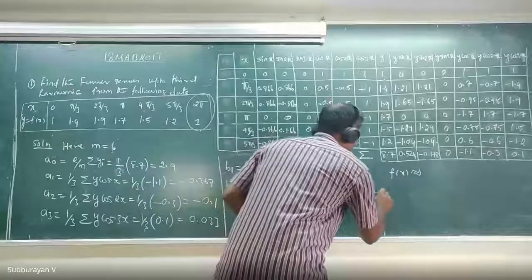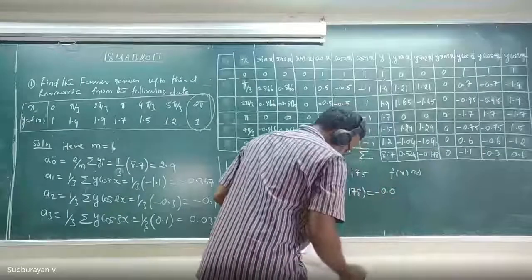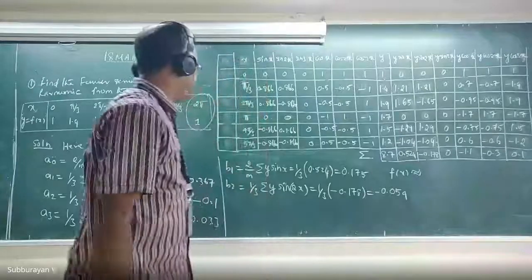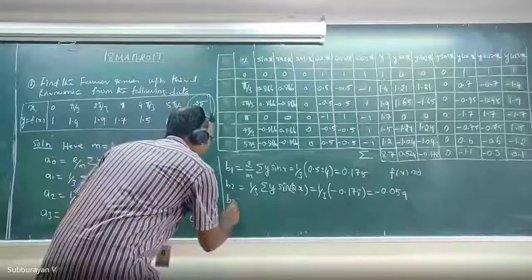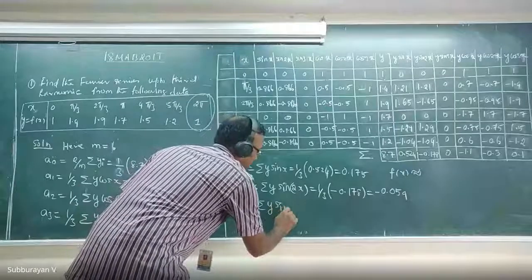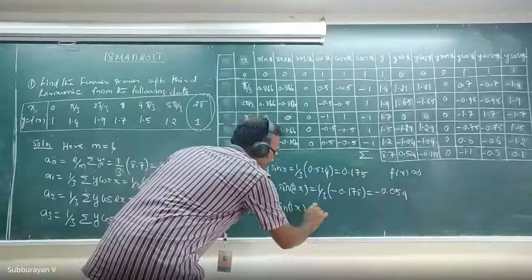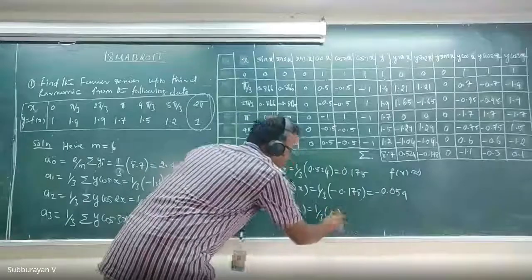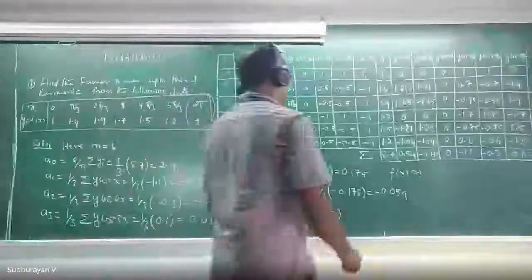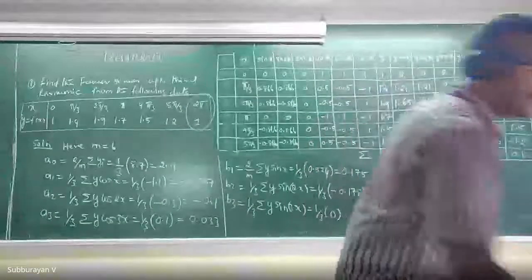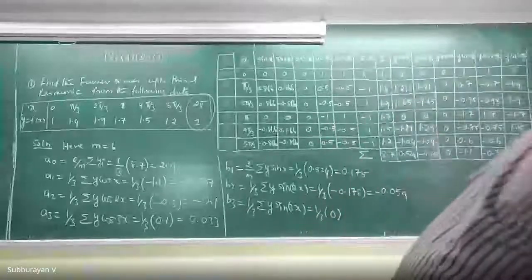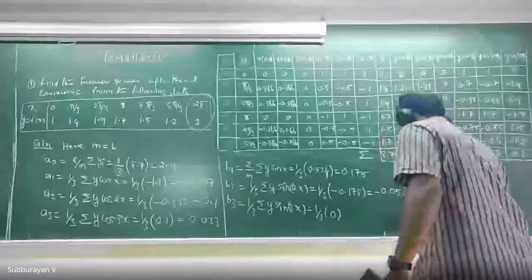This is minus 0.059. And b3 is 1 by 3 into summation y sin 3x, which is 1 by 3 into 0, because summation y sin 3x is 0. Okay, fine. Thus you have calculated all the constants required for the Fourier series expansion.